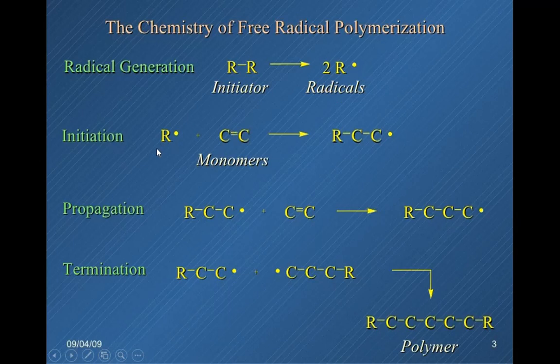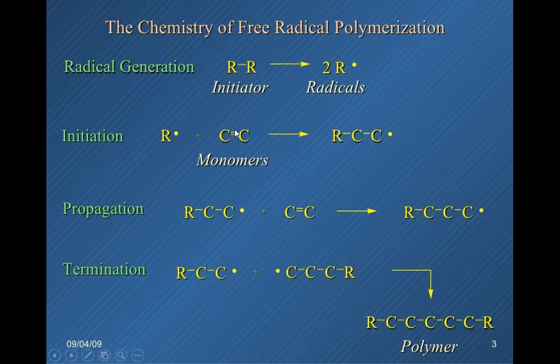After that, the mechanism involves the first step, the initiation step. In the initiation step, one of the R radicals among the two comes and reacts with the monomer, which is a C double bond C. In this double bond, there is one sigma bond and one pi bond.